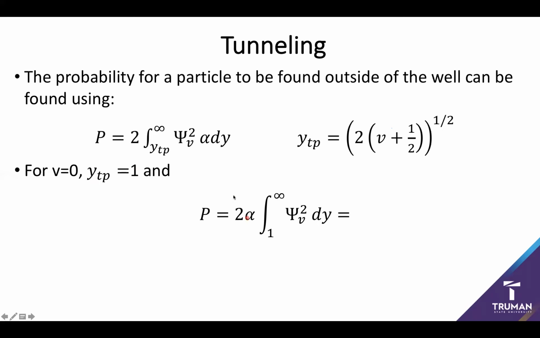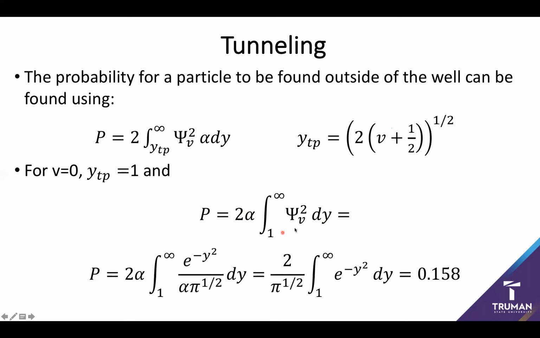So we're going to be looking at, I'm going to pull the alpha out front, 2 alpha times the integral from 1 to infinity of our probability density with respect to y.